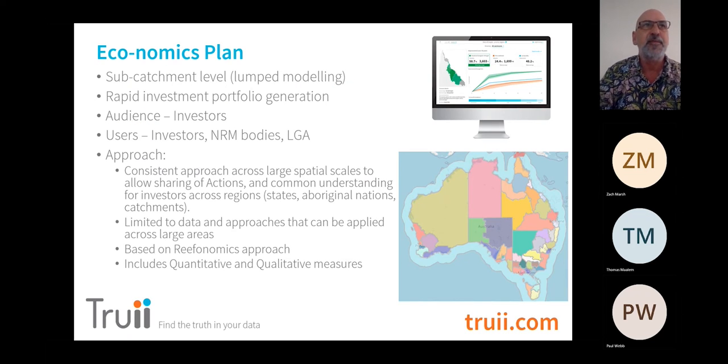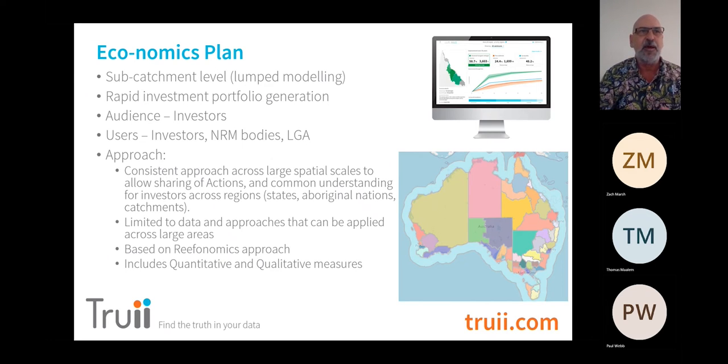An Eco-nomics plan is a subcatchment level lump modelling approach for rapid investment portfolio generation. The audience here is investors, and the users are those investors, NRM bodies, and local government authorities. The approach is to have a consistent approach across large spatial scales so that we can share the type of actions, the on-ground implementations, that might occur.